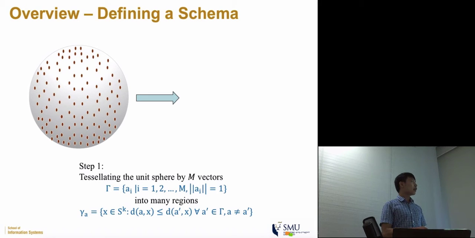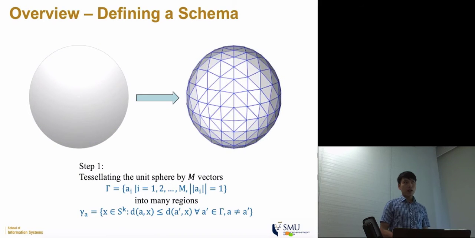So let's say you have a bunch of points on the unit sphere, and then you partition the unit sphere into many regions like this. So imagine after this step you will get a picture like this.